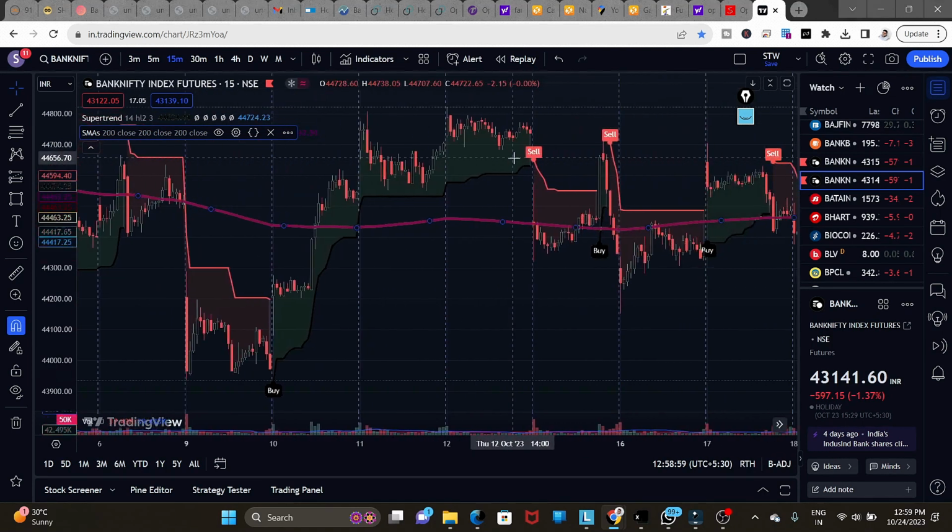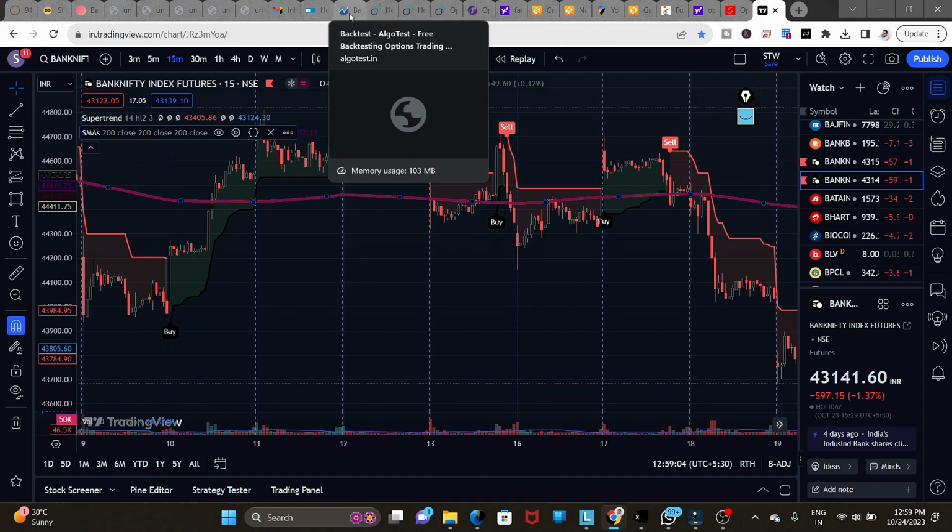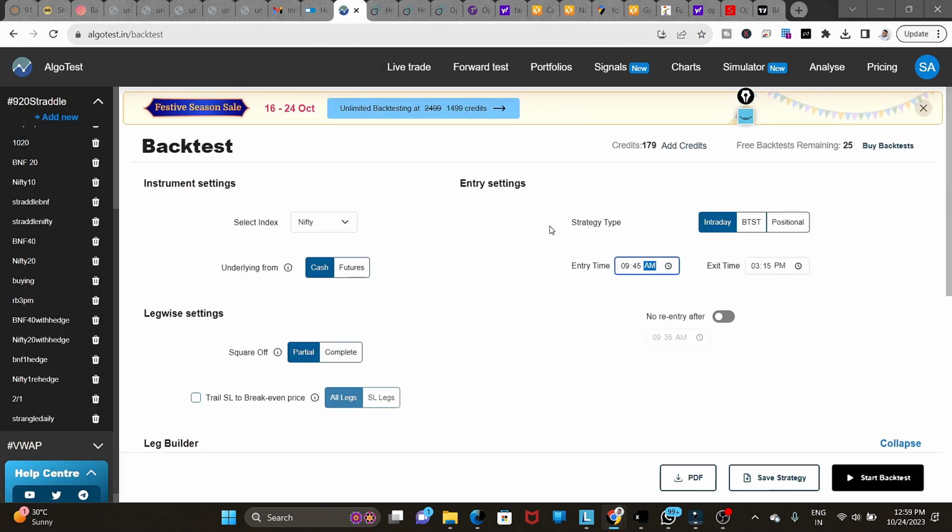So now let's come to the second part of the video today, which is how to create an algo. So if you are somebody who wants to create a simple algo where you can generate up to 1 to 2% every month, then let's try and explain how you can create it. So today I am using Nifty. You can see this is Nifty.